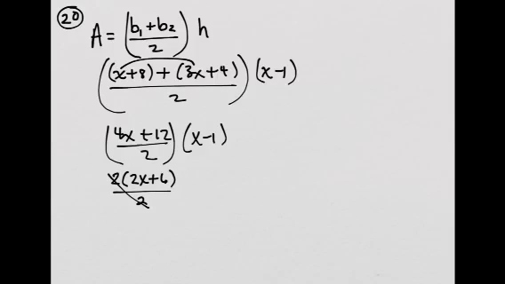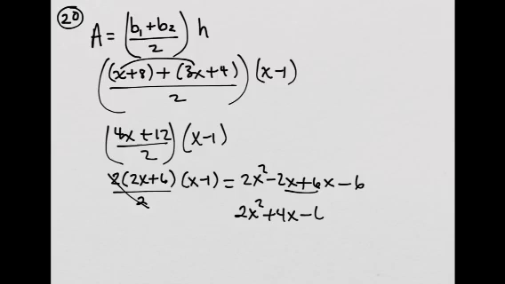So the 2's cancel, and then there's x minus 1. So distributive property: 2x squared minus 2x plus 6x minus 6. These two combine. 2x squared plus 4x minus 6. This is the expression for the area of the trapezoid.